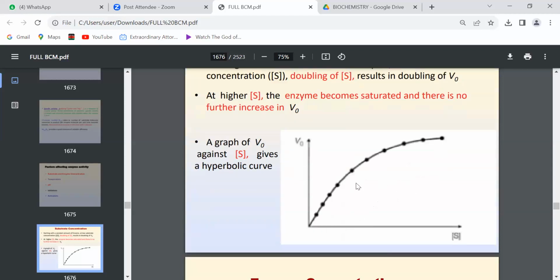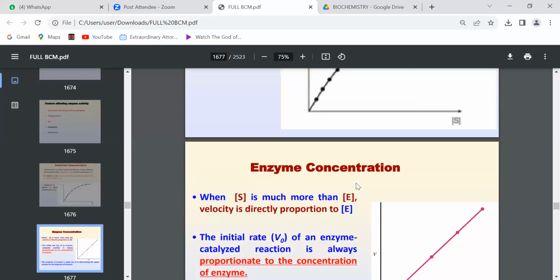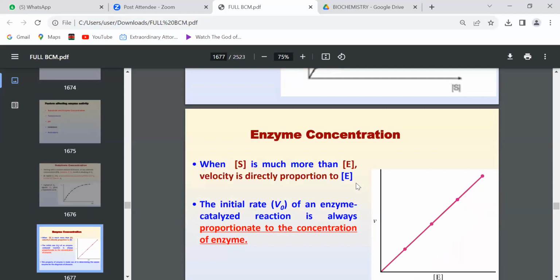So when you plot a graph of the velocity or the reaction rate against substrate concentration, it looks like that. And the enzyme concentration is always directly proportional to the reaction rate.